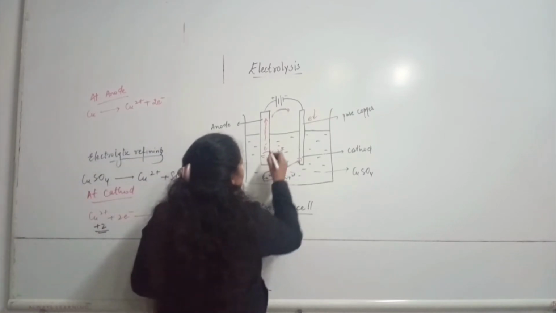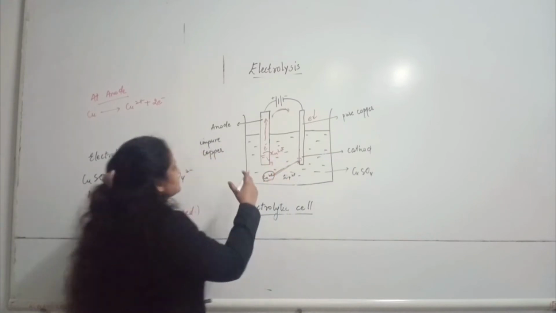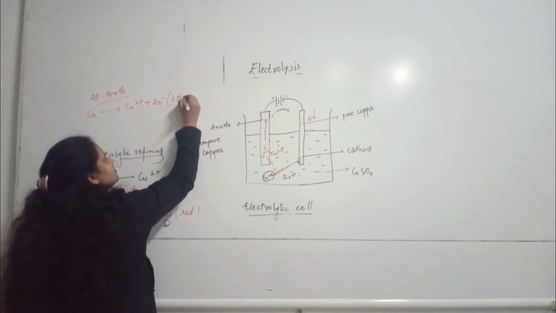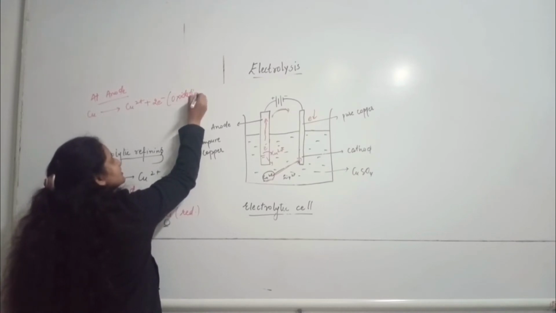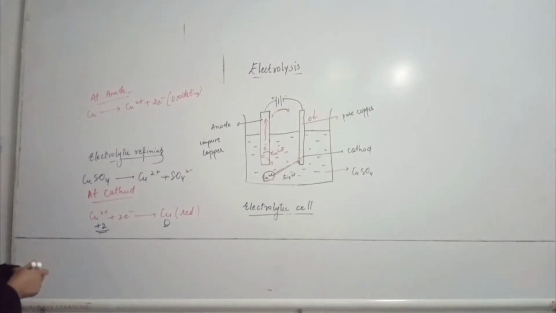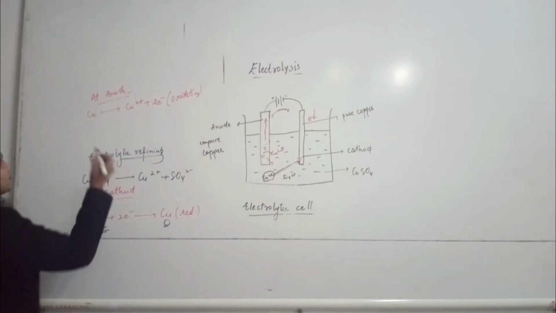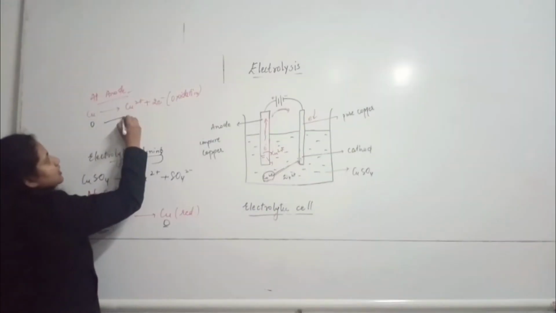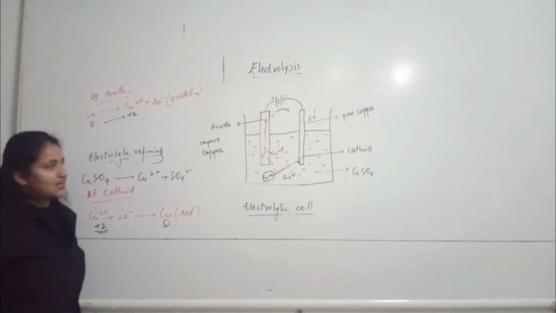This process is called oxidation, so oxidation takes place at the anode. Why oxidation? Because here the oxidation state is changing from the 0 oxidation state to the +2 oxidation state.